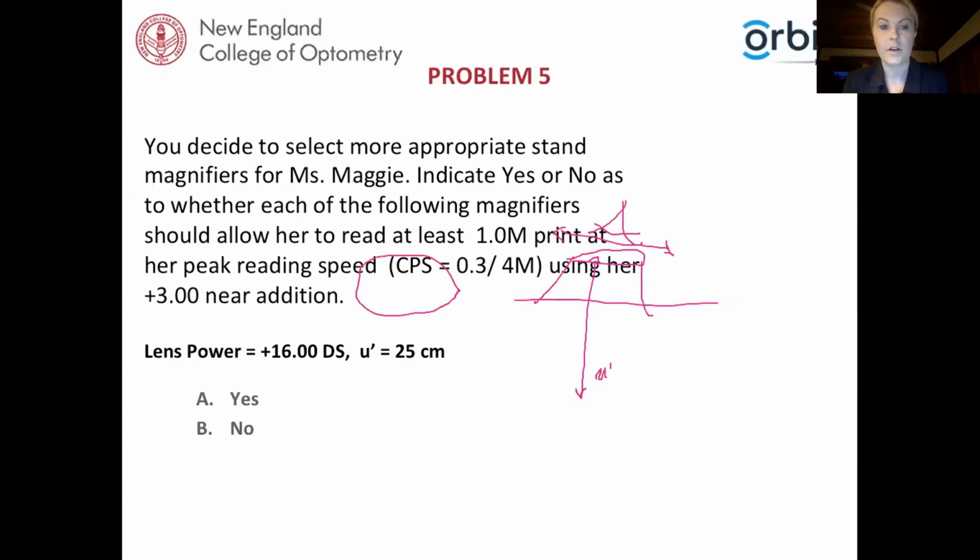We ask her to read from large print sizes, and we find that her critical print size is about 4M at 30 centimeters. If we prescribe a stand magnifier with her current bifocals with the +3 near addition, and the lens power is 16 and our image distance is 25, would that be appropriate for this patient?